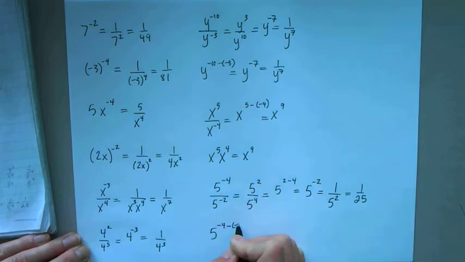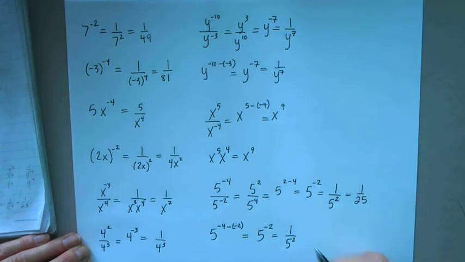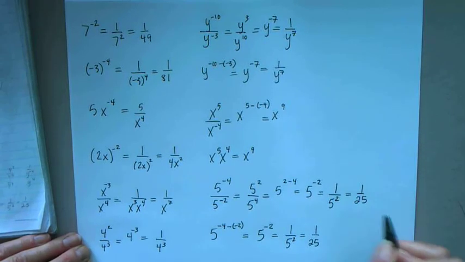The other way is subtract -2, and I go, oh, that means I've got 5 to the -4 plus 2. So I've got 5 to the -2. But I know I can't leave my answer negative, so I put it on the bottom. And then, if it's super small, they'll probably do it. So I get the same answer both ways.